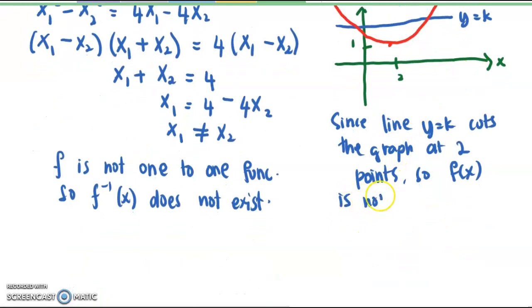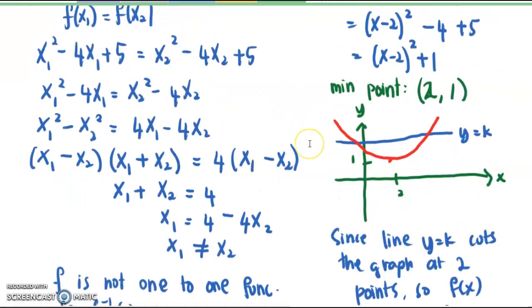So, f inverse does not exist. Okay, dah selesai untuk soalan yang pertama.